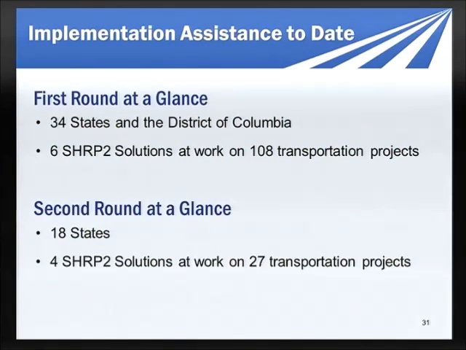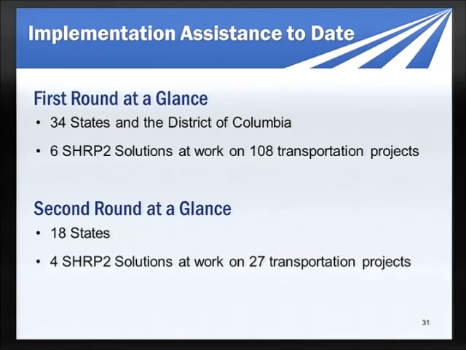So just to give you an idea of the participation in this program for SHRP2 implementation across all the focus areas. There were 6 products rolled out in the first round, and 34 states and the District of Columbia participated, with 108 projects implementing one or more of the products.